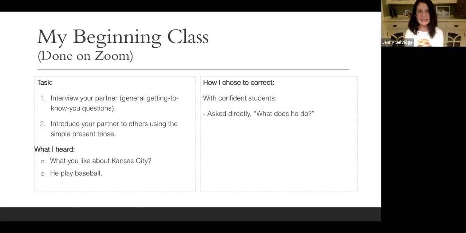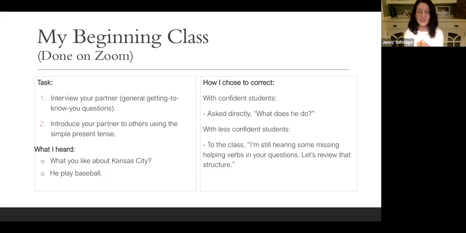The next click. So it was different depending on the student because I've already gotten to know my students well enough to know what's okay with some and not others. So with a confident student, I asked him directly, when he said he played baseball, "What does he do?" And then "He plays baseball," and he kind of stuttered, but he finally got to it.